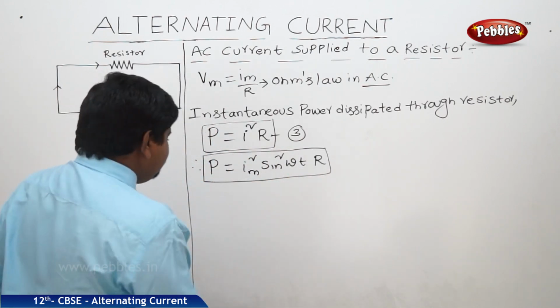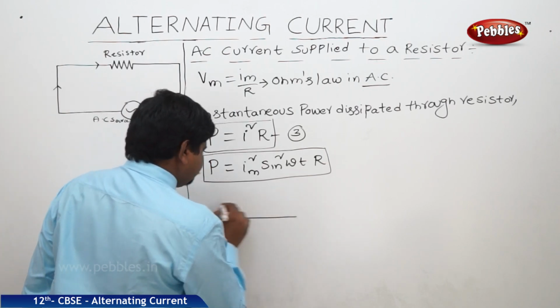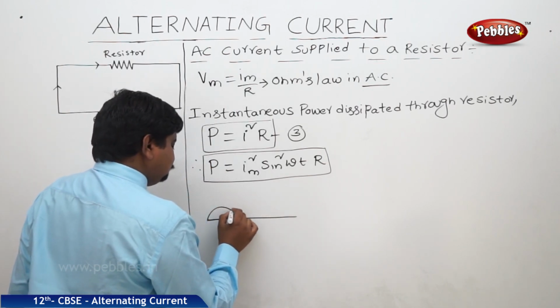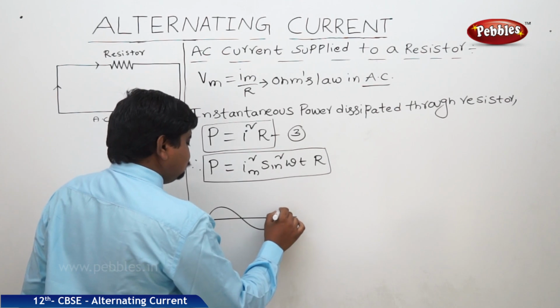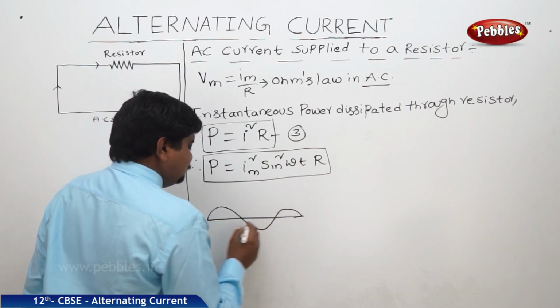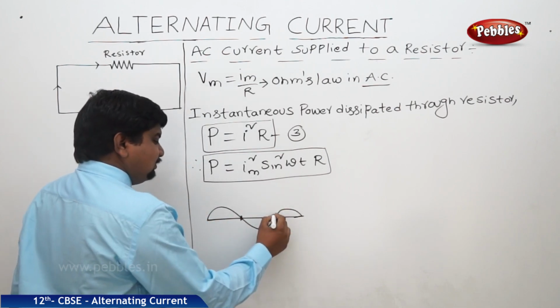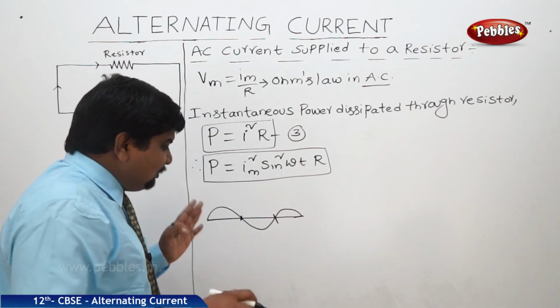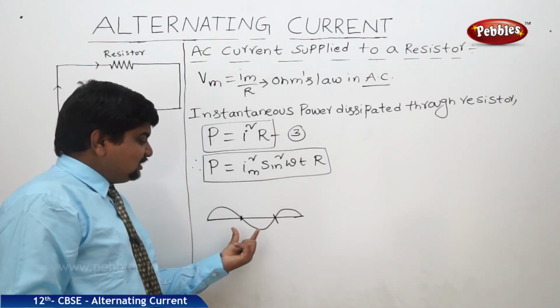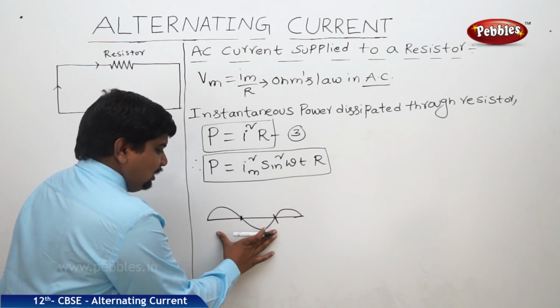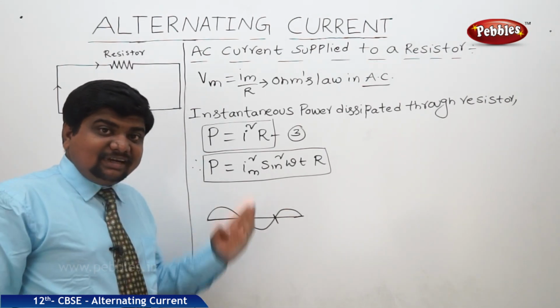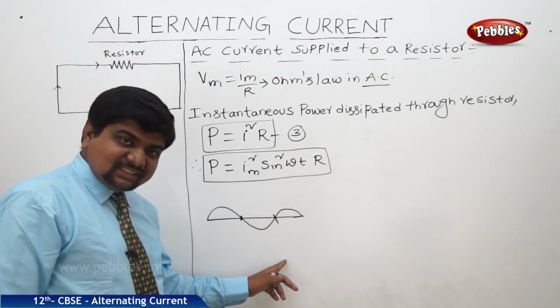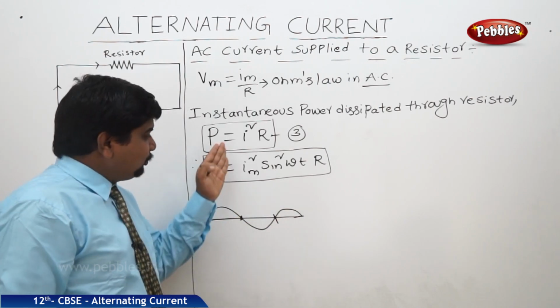But in case of AC voltages, this is half cycle, this is full cycle. What is the power consumption, or what is the power dissipated in the whole cycle, or the average power consumed for a total cycle? How much it is, we are going to find out.